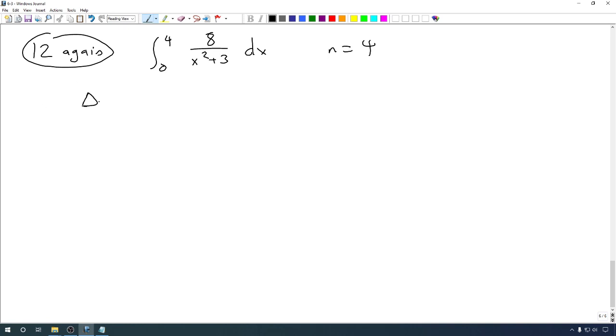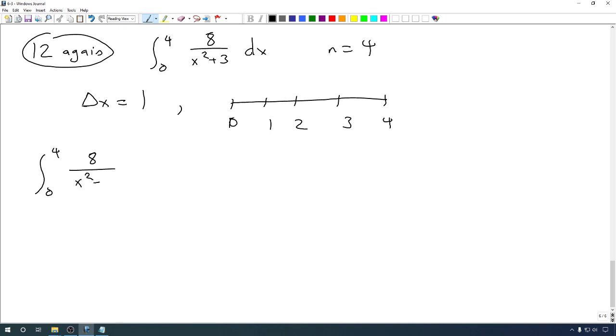We had a delta x of 1, and we had our endpoints at 0, 1, 2, and 3. So this integral is going to be approximately equal to delta x, which is 1, divided by 3, times a sum. And we're going to use the same y values that we did before.